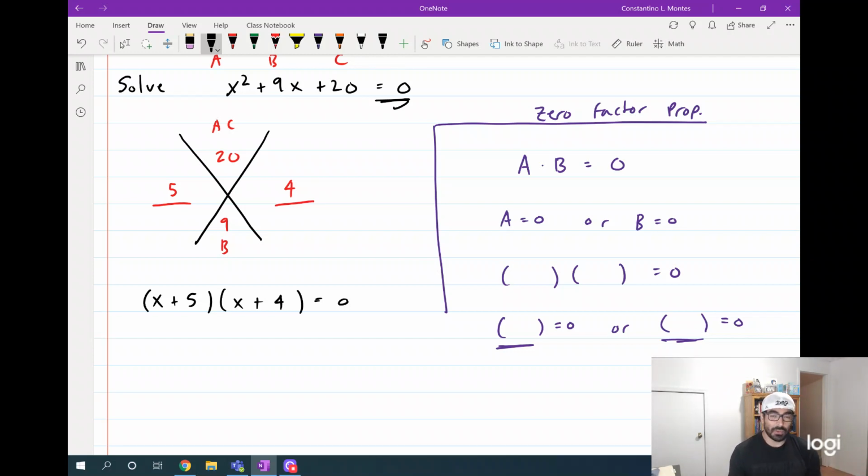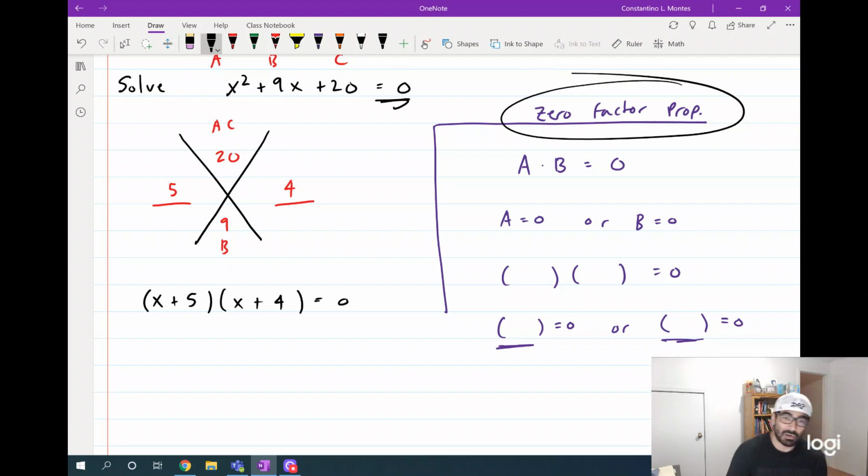Now the useful thing about factored form is we can utilize the zero factor property, where we say if a times b equals 0, that means a equals 0 or b equals 0. We're going to utilize that to help us solve for x. And watch what happens.